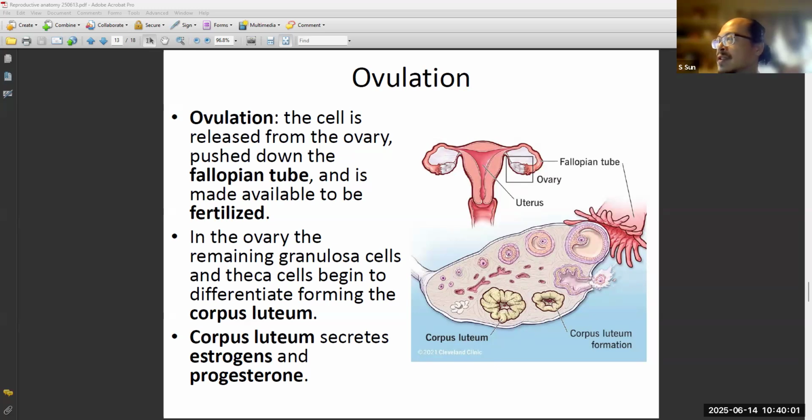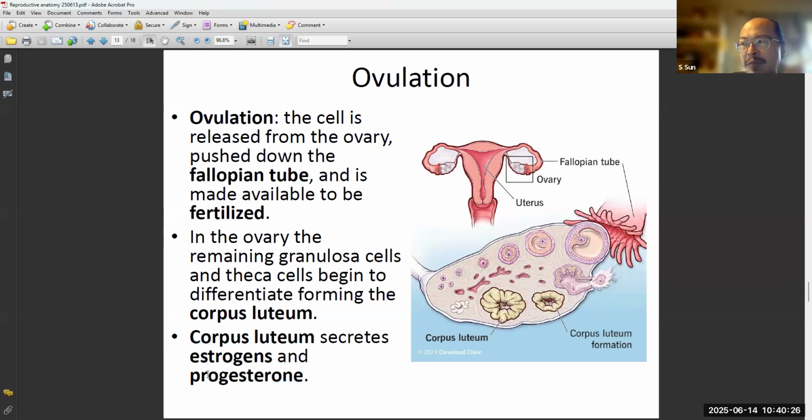What you need to know is where do these oocytes go after ovulation? They go into the fallopian tube right here. And another thing you need to know is that after ovulation, the remaining portion of the follicle becomes corpus luteum. Corpus luteum has a function to produce estrogen and progesterone.